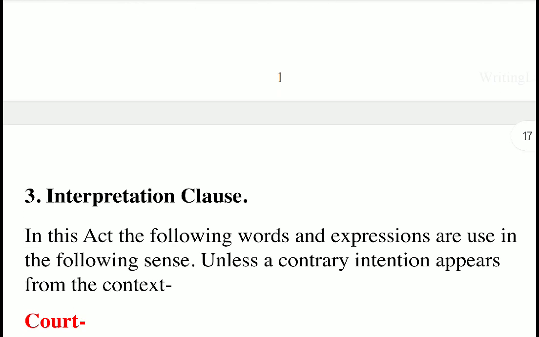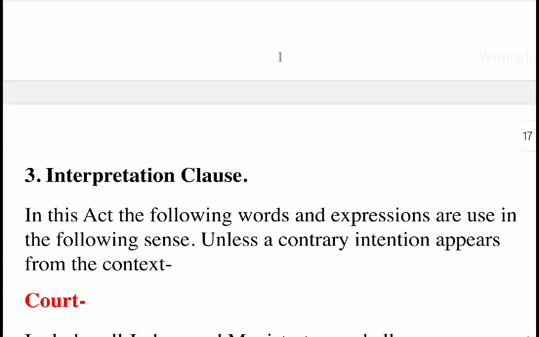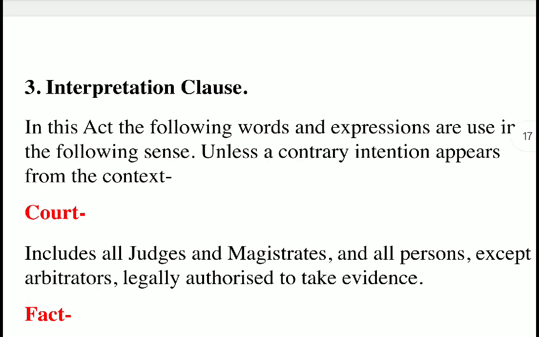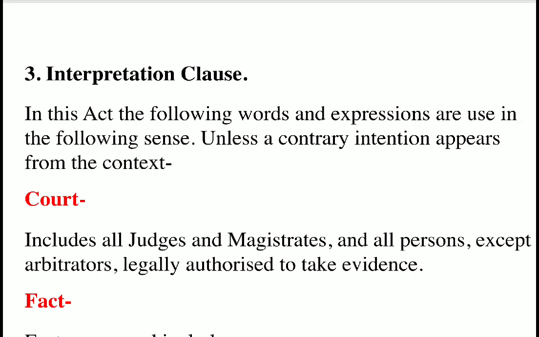Now, the important section of Chapter 1 preliminary chapter, that is interpretation clause. Section 3 says interpretation clause. In our previous videos, we have on several occasions discussed the main difference between an interpretation clause and a definition clause.